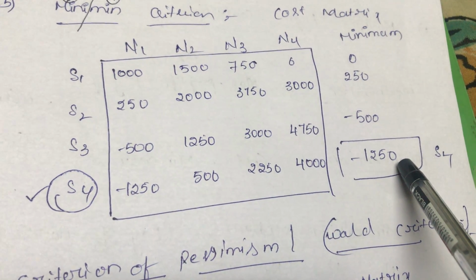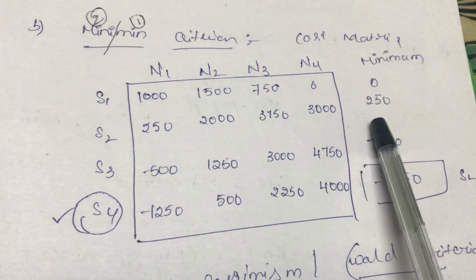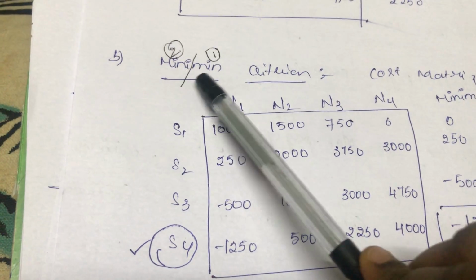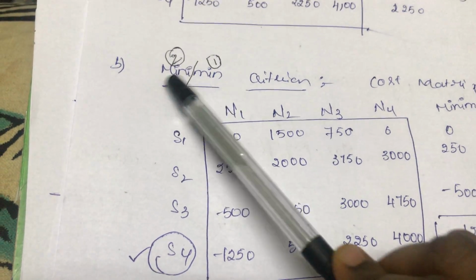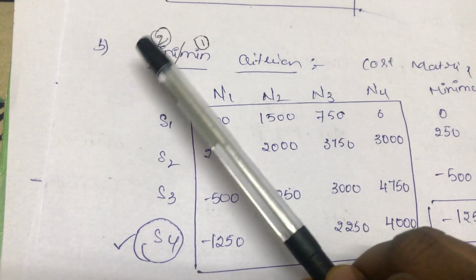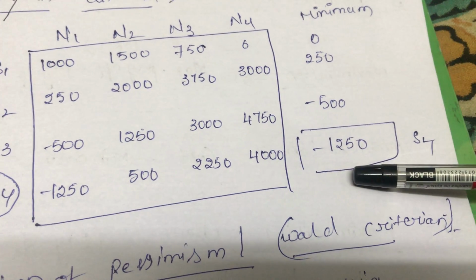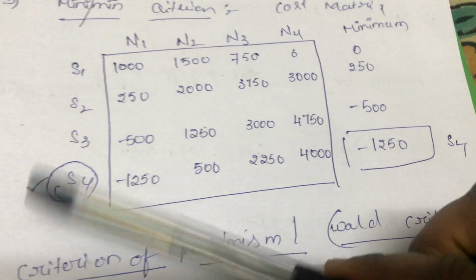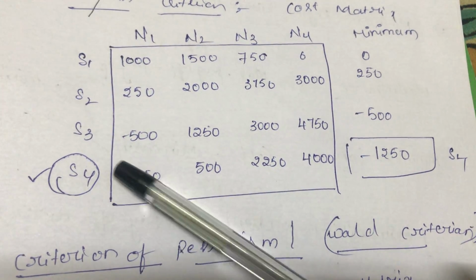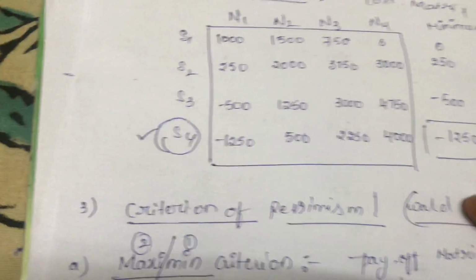So step 1 is completed. After doing the last step, again from the minimum values we have to select the minimum value. From these values, the minimum value is minus 1250. Therefore we can say that S4 is the best strategy.